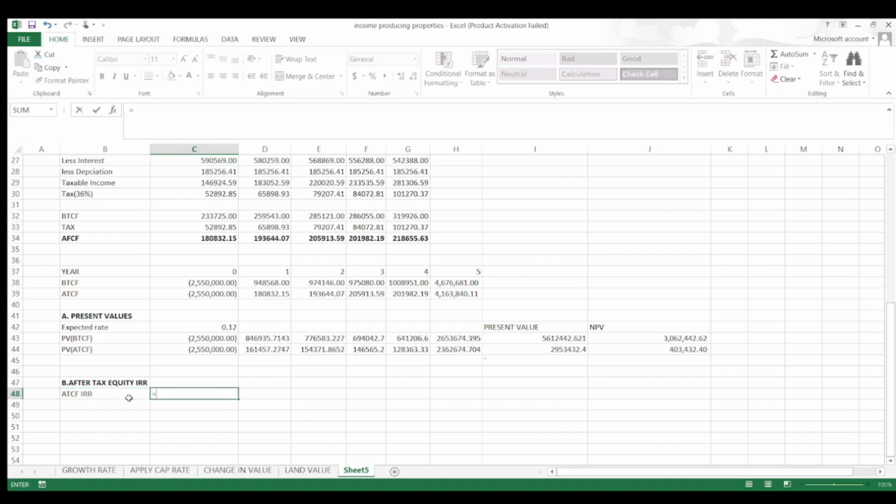So this is equal to IRR into brackets. Then we highlight all the cash flows, or the after tax cash flows. And then we can give a guess of our expected rate, let's say 0.1, for example. Then press enter. So we find that our after-tax IRR is actually 15.75%.